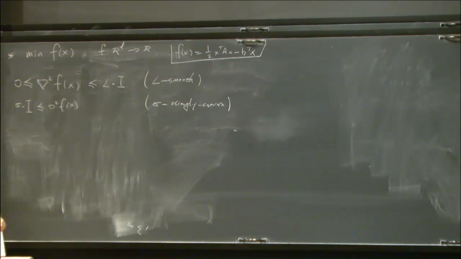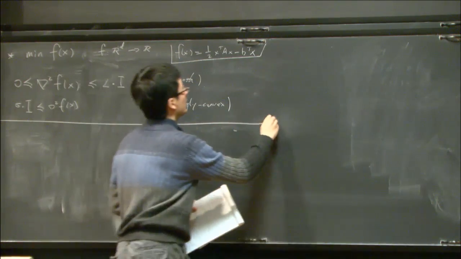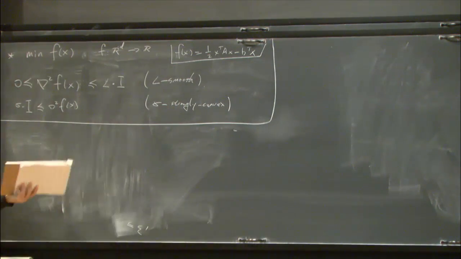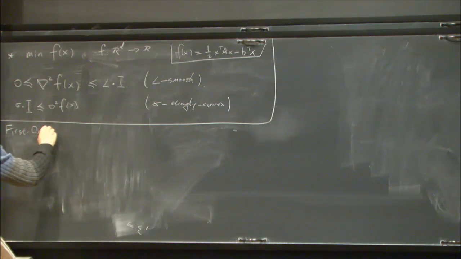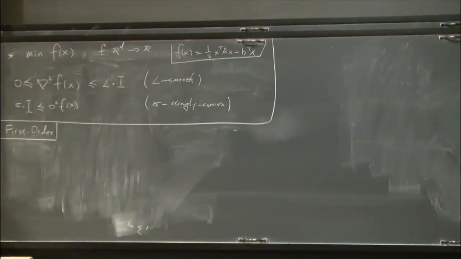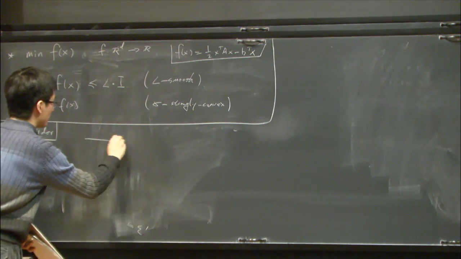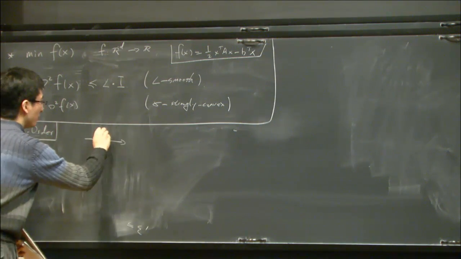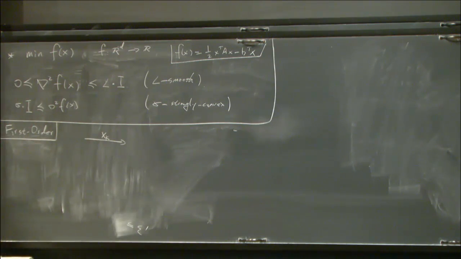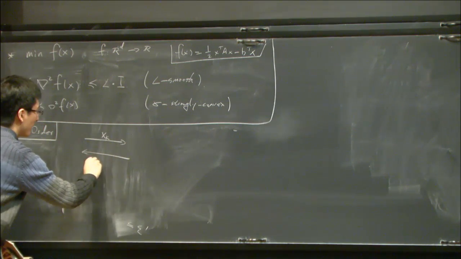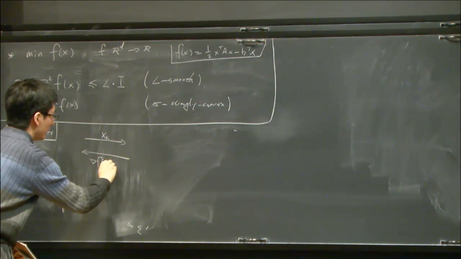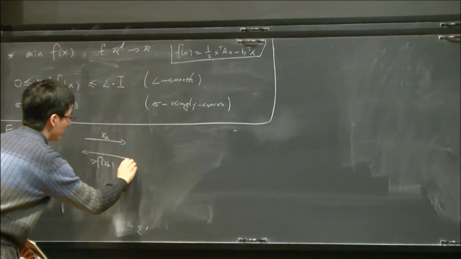So under such a model, a class of convex functions, people talk about first-order methods. Meaning that essentially I only make queries to the function and compute the gradient. Pictorially, I'm the algorithm. I keep making queries at point x_k, and then the oracle tells me about the gradient of the function at the point x_k, and maybe also the function value, maybe not.